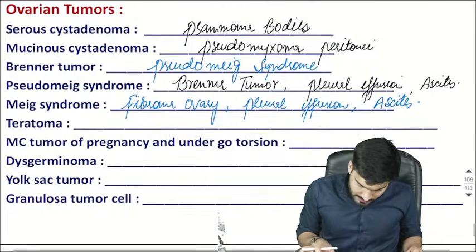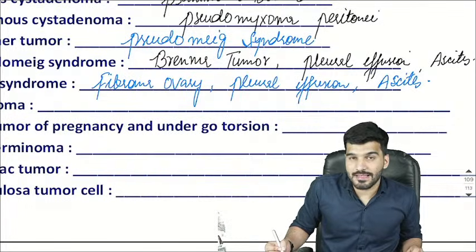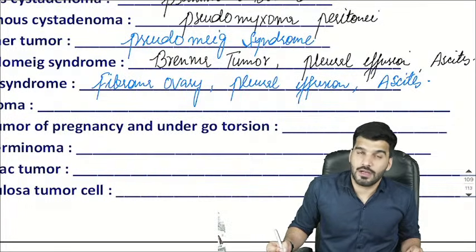Next to that, what is teratoma? It's the most common tumor in pregnancy, and the most common tumor that goes under torsion.